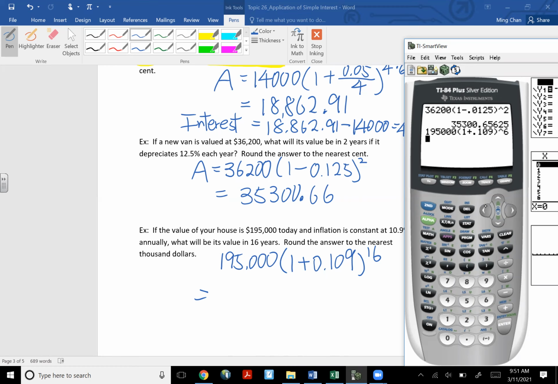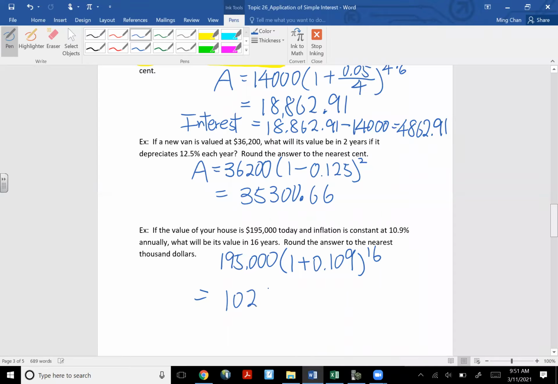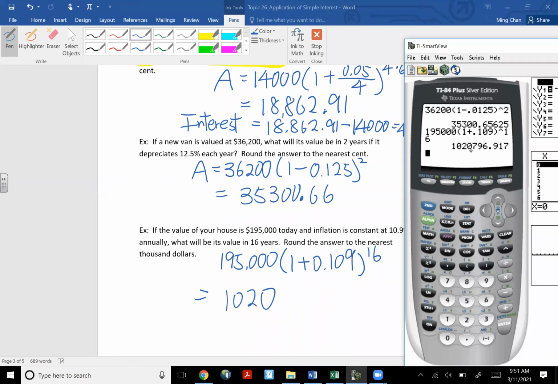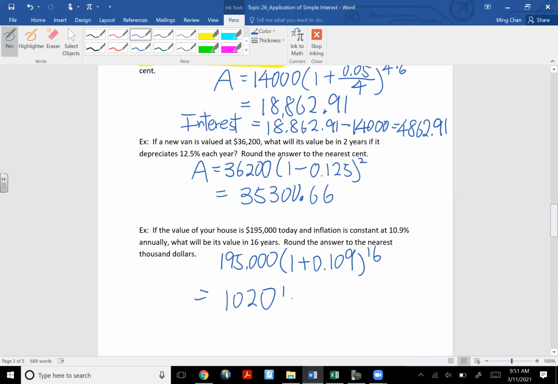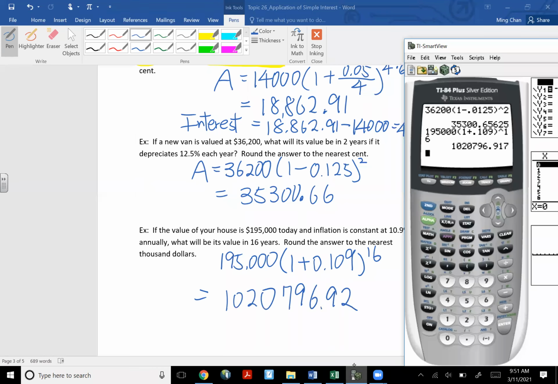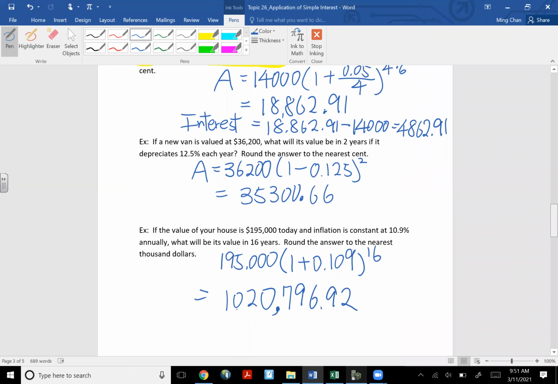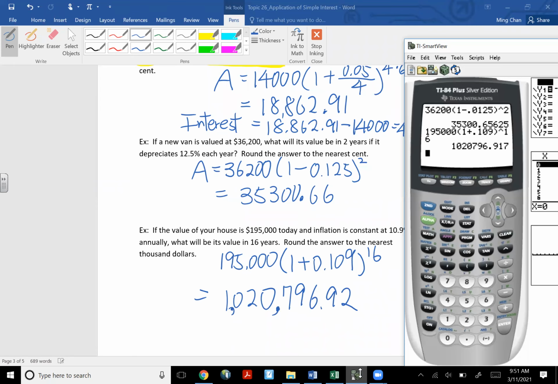The house will be valued at, ooh, that's a lot of numbers, 1,020,796. So it's over $1 million.